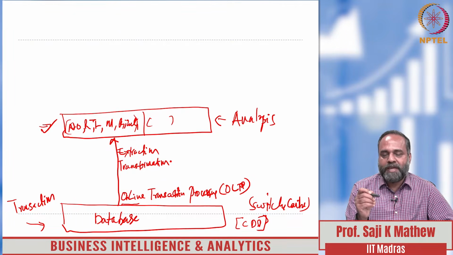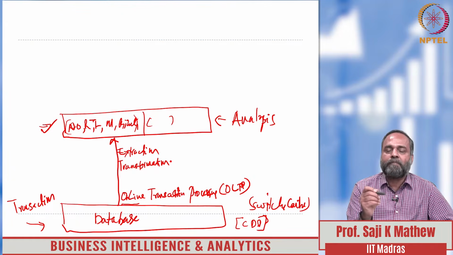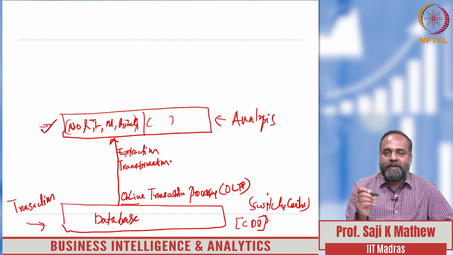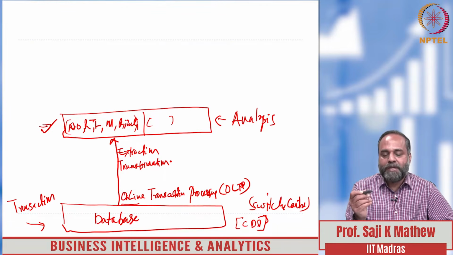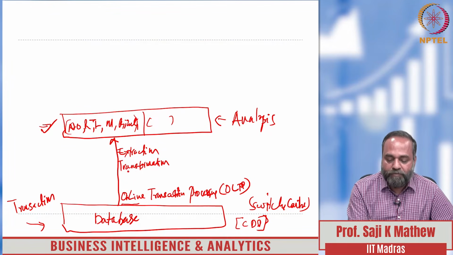For example, if it's a database that is distributed in different geographies, where the business is spread across the world, then you may have databases which operate in different currency units and different units of measurement. So you need to standardize the data as well. You can keep those aspects of data preparation in mind when you think of transformation.